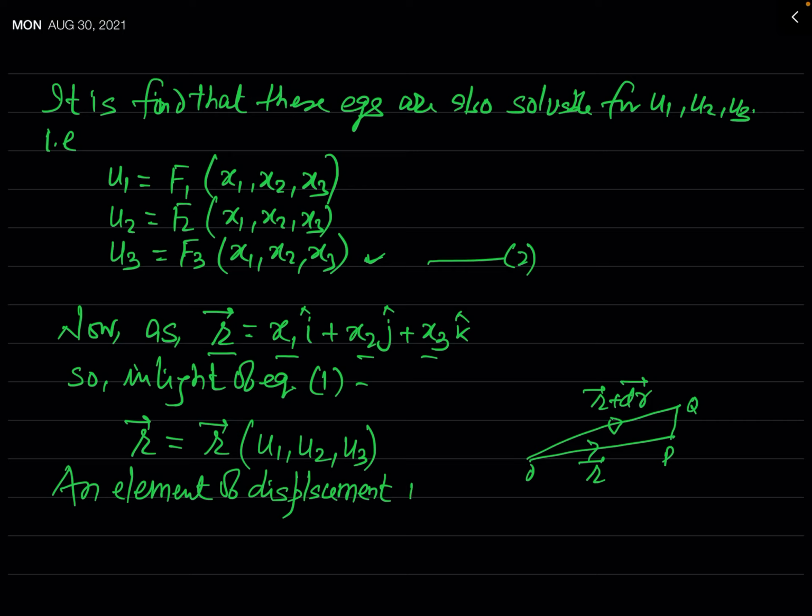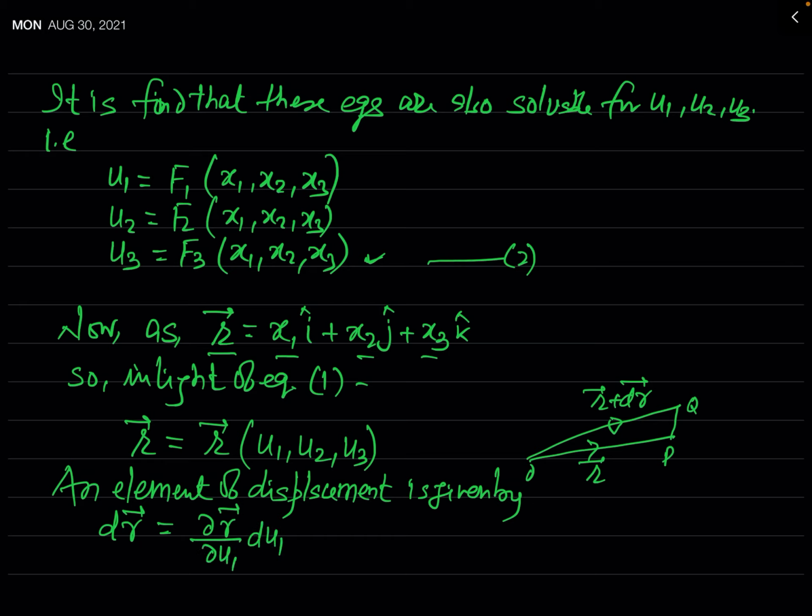An element of displacement is given by dr. And since r is a function of three independent variables u1, u2, u3, to find the value of dr we must use the concept of partial differentiation. So you can see here this dr will be expressed as del r by del u1 du1.